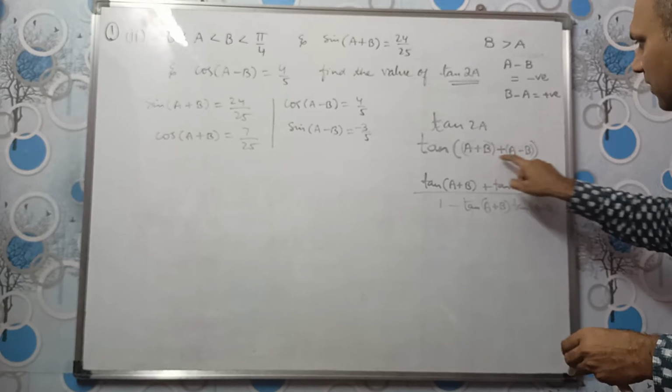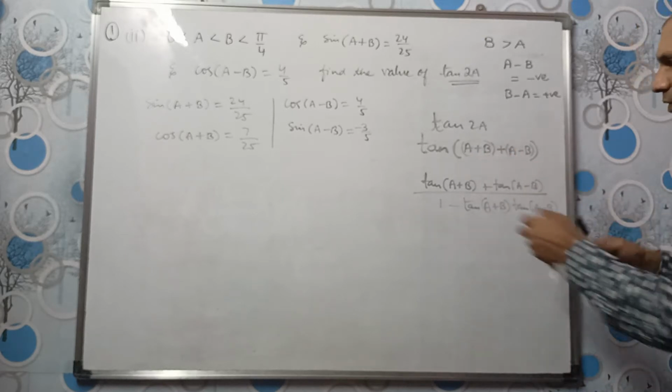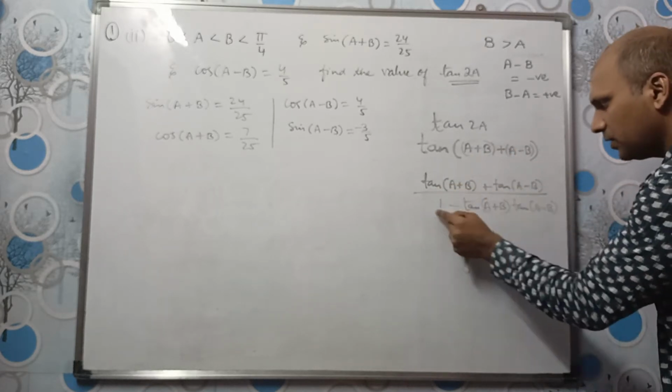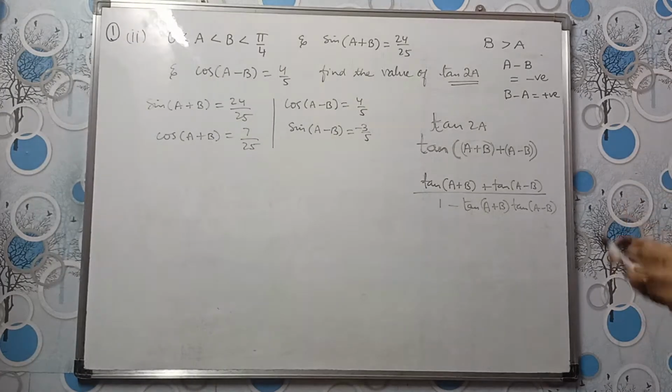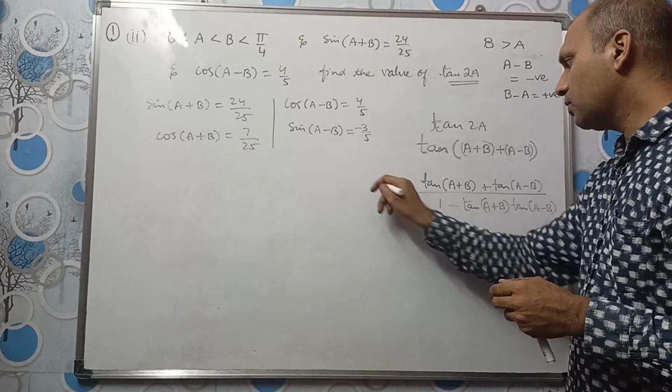Let us say this is theta 1, theta 2. Tan(theta 1 plus theta 2) will be tan theta 1 plus tan theta 2 divided by 1 minus tan theta 1 tan theta 2, right? So this is tan 2A now.